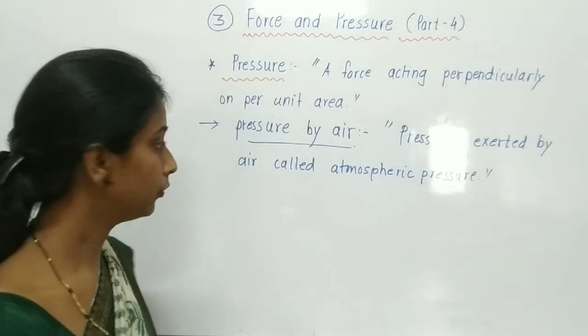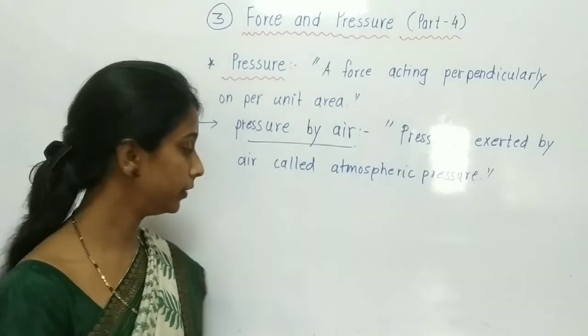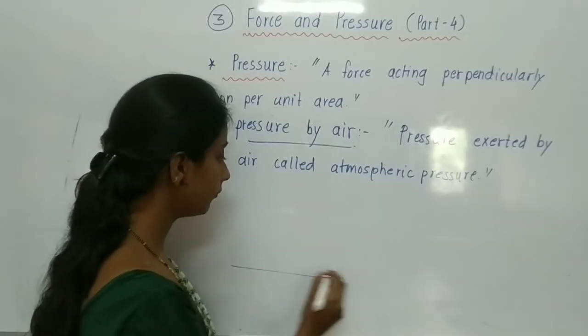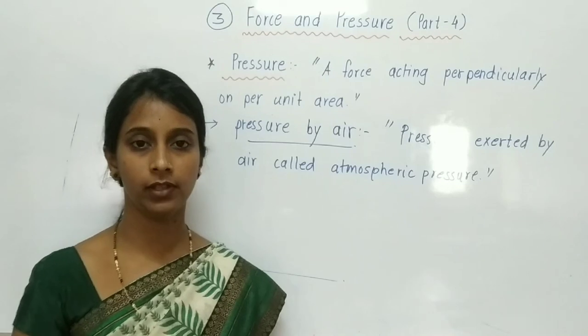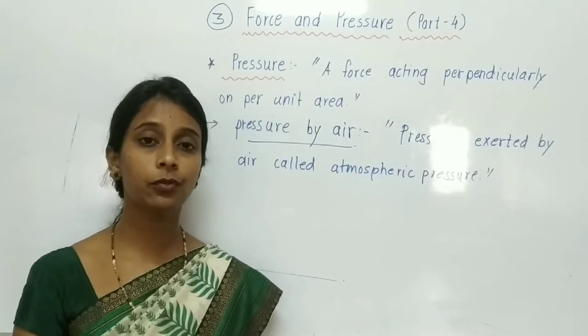Now students, we will see the unit of atmospheric pressure. Before this, atmospheric pressure is very high near the sea level, and it can be measured starting from the sea level.